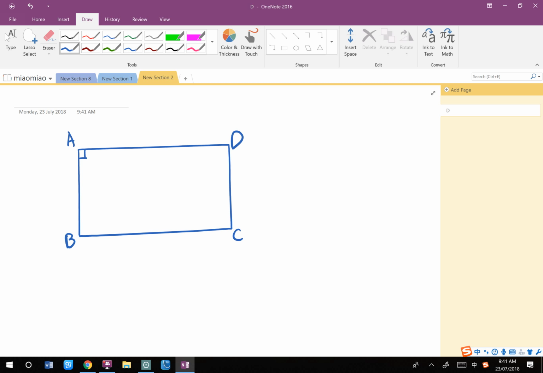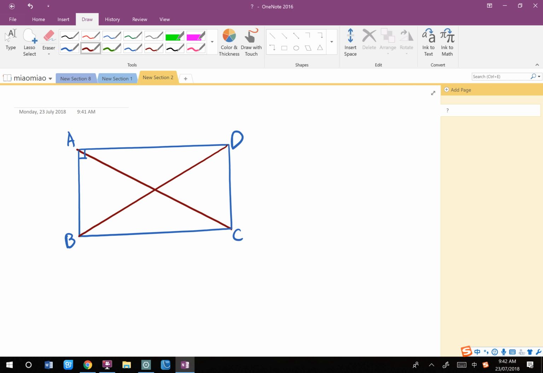Remember, a rectangle is also a parallelogram. And I will draw the two diagonals.